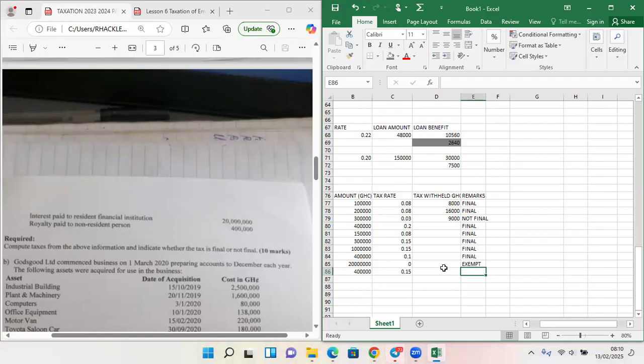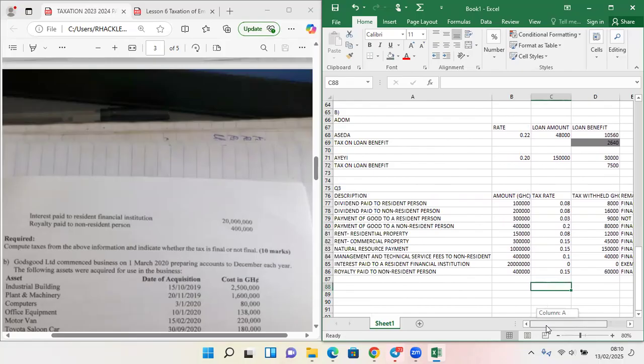Then this last one is also final. The royalty paid to non-residents. Every non-resident, I told you, is final. So let me just use this thing to calculate the rates. So these are the rates respectively.